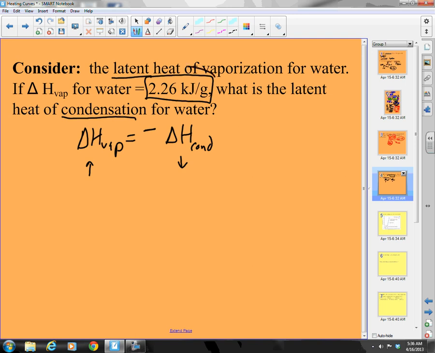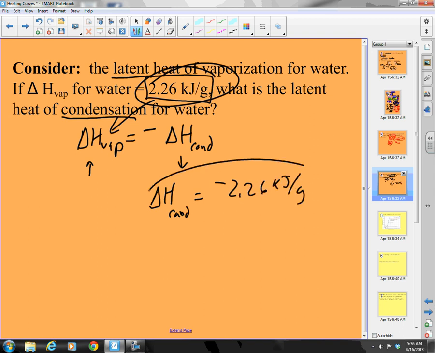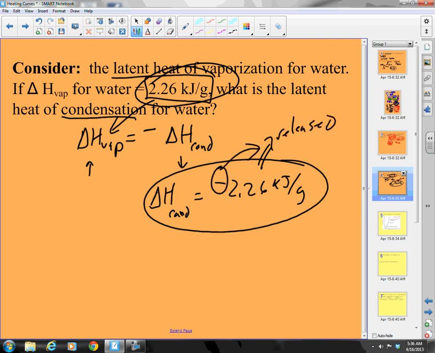And so if 2.26 is equal to that, then my delta H condensation is equal to negative 2.26 kilojoules per gram, meaning when 1 gram of water condenses, 2.26 kilojoules are released. That's what that negative means. That negative means released. Got it?